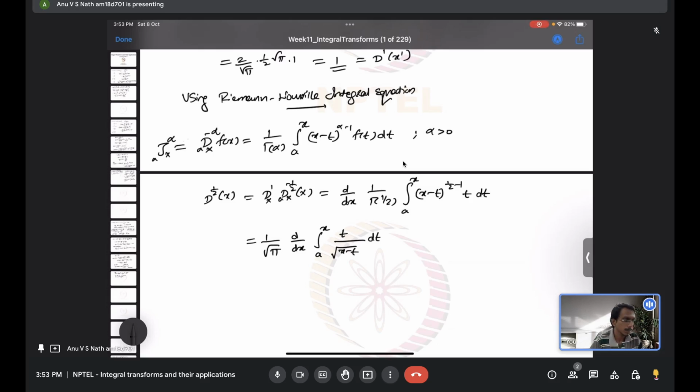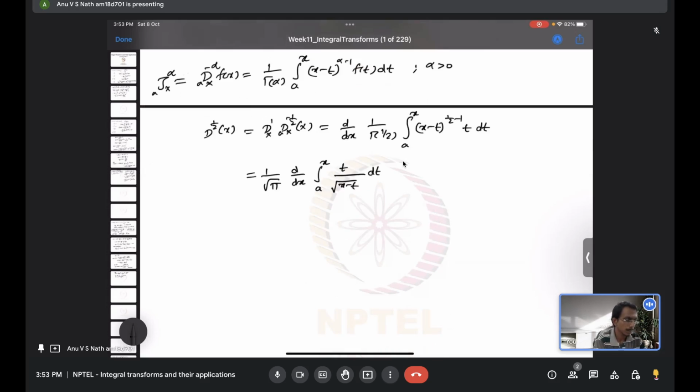Now as we have done earlier, we can rewrite this expression like 1 by root pi d by dx. So basically we need to evaluate this integral. So let me give a number. Let's say this is 1. So basically we need to evaluate t dt by x minus t integral a to x.